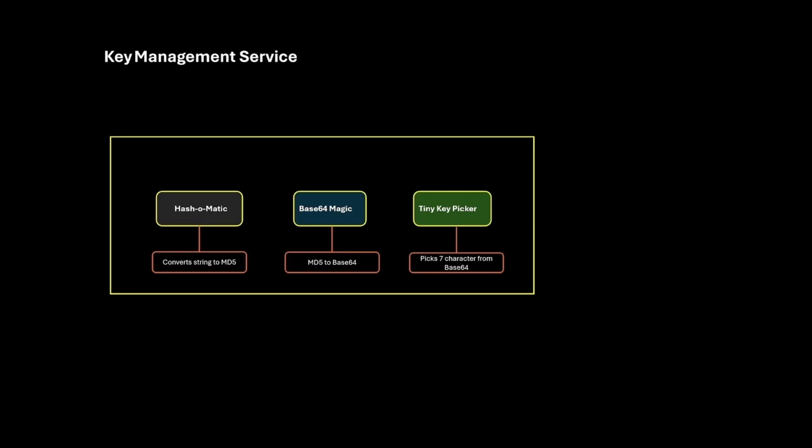So we'll deep dive into these key concepts, so that we understand the logic behind using MD5 and base64, and why we are choosing 7 characters, why not 5 characters or 6 characters.